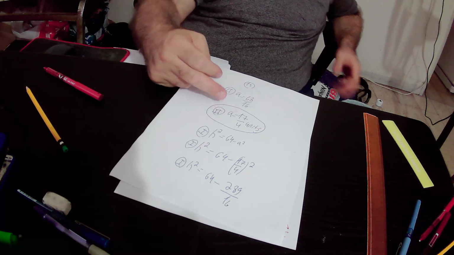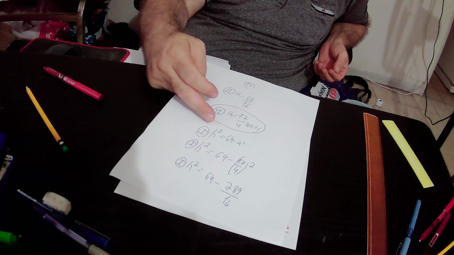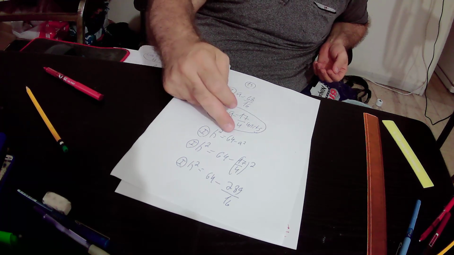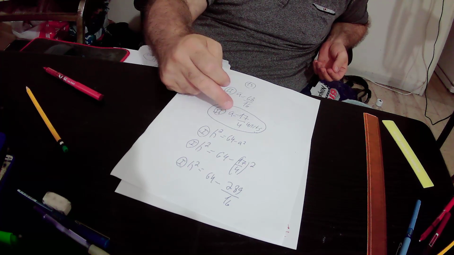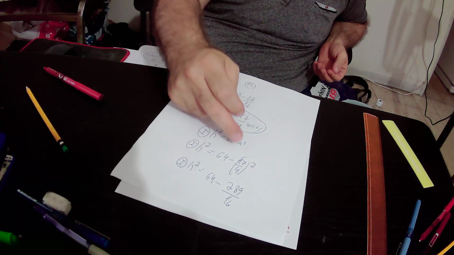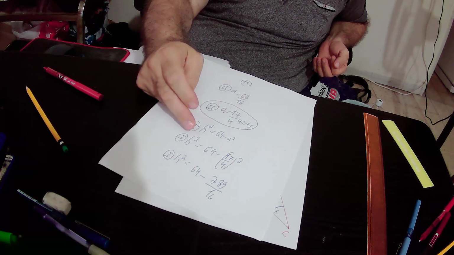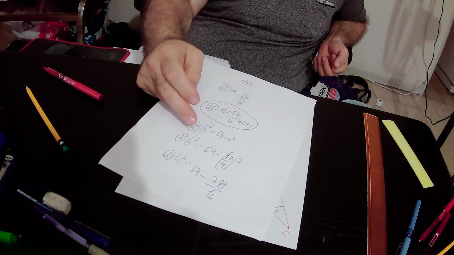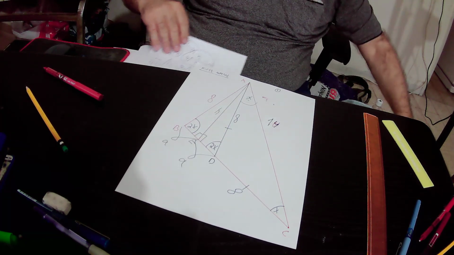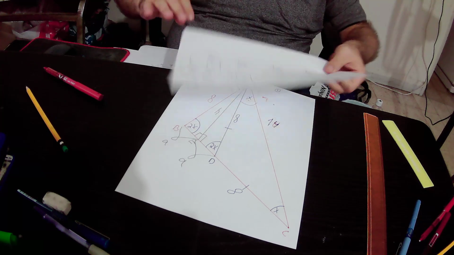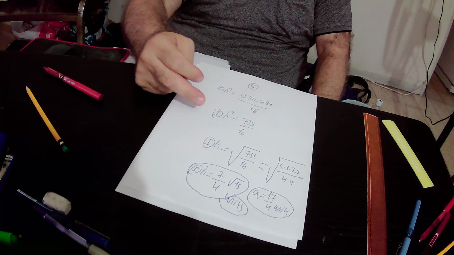After we found the value of A, we can easily find the value of H, because H square equals 64 minus A square, and we know that A equals 17 over 4, so A square will be equal to (17 over 4) square. So we find that H square equals 735 over 16.